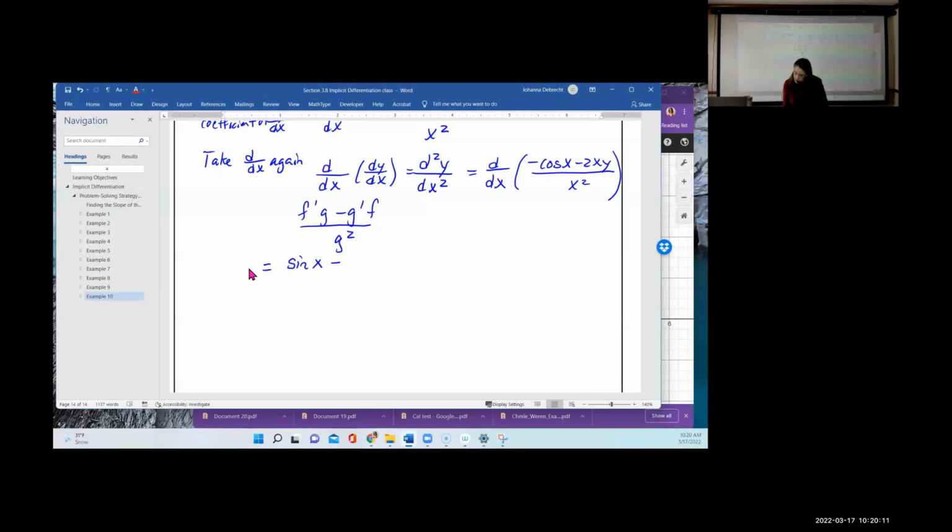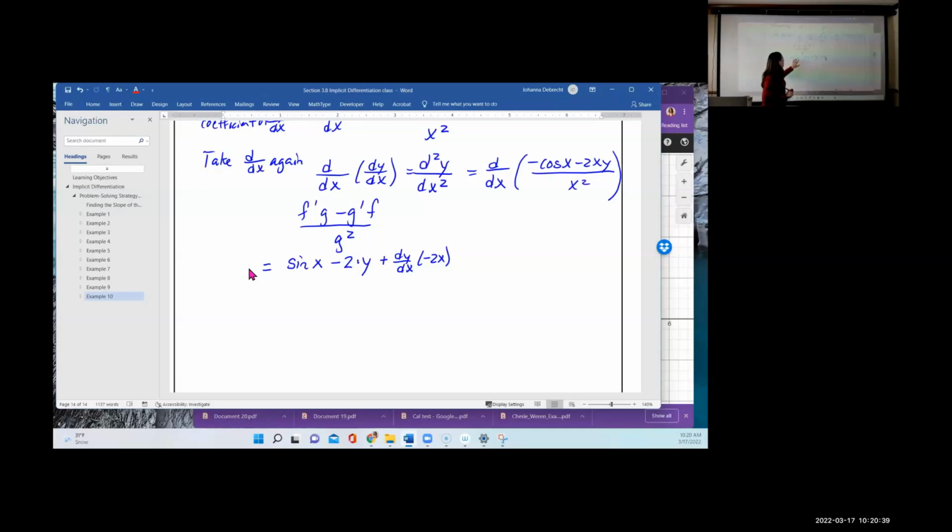So this time I have minus 2x and y. So I've got a negative 2x. The derivative of negative 2x is a negative 2 times the y plus the derivative of y, which is dy dx, times negative 2x. And that's all the derivative of the numerator.